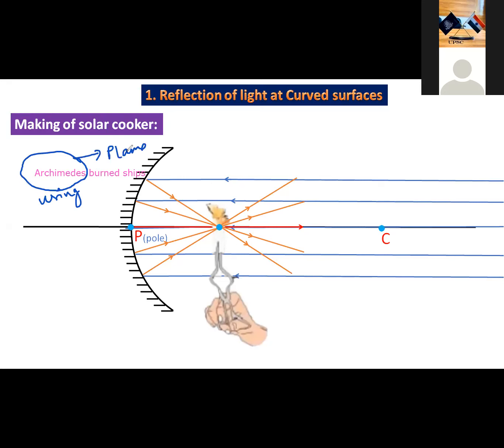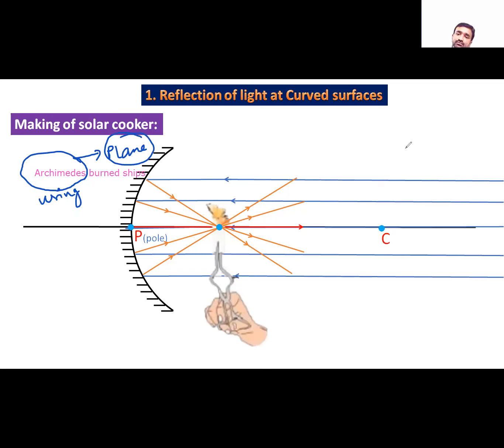By using plain mirrors. Can anybody answer how to produce heat using plain mirrors? I gave you only plain mirrors to produce heat energy. How do you do it? Here you have to arrange the plain mirrors in the shape of a concave mirror. Suppose you have 3 mirrors.